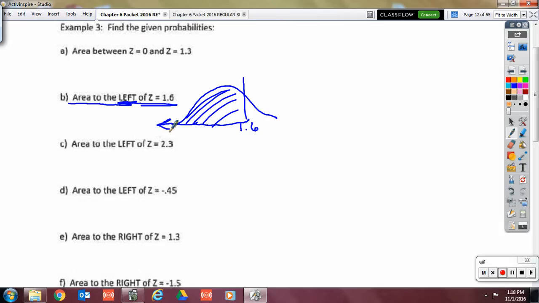So in your calculator, you're going to put in norm CDF, and what is the lower bound you're going to put in? Yes, the lower bound always goes in first. The lower bound is negative 99. And then what's the upper bound on this problem?